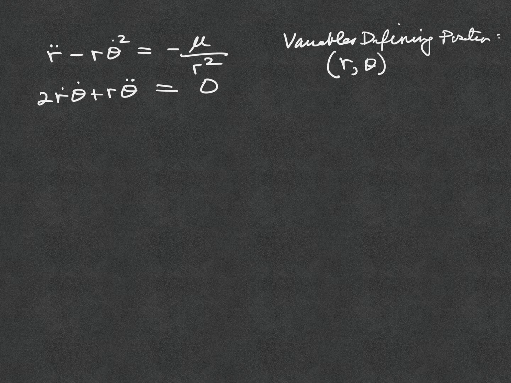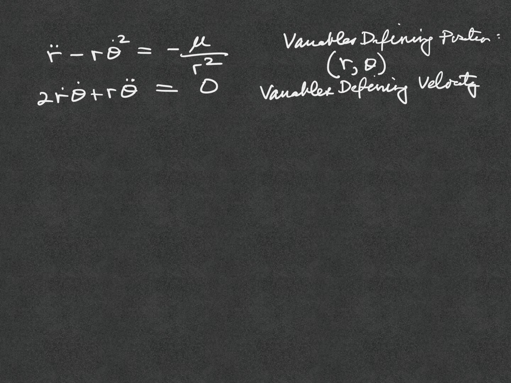Now similarly, the variables that define the velocity are r dot and theta dot. So when transforming from second order form to first order form, the first thing we do is we take any second derivatives and we have to make them into equivalent first derivatives.